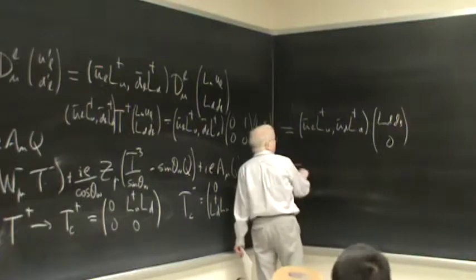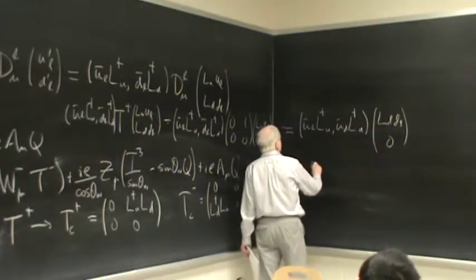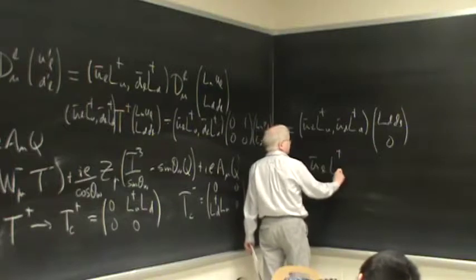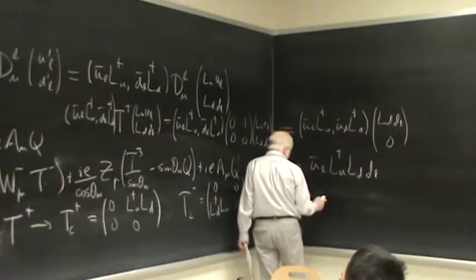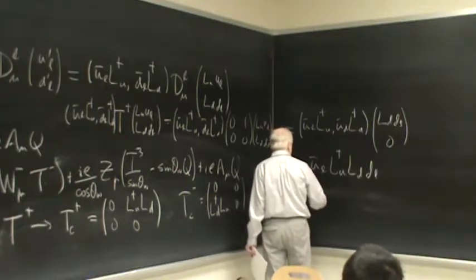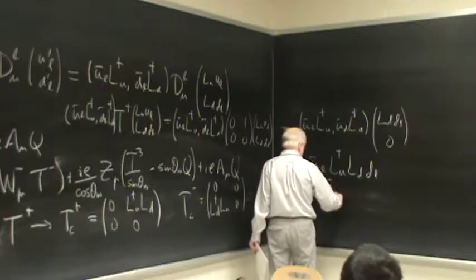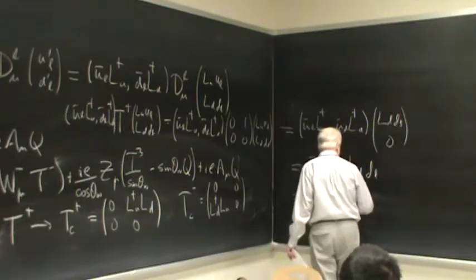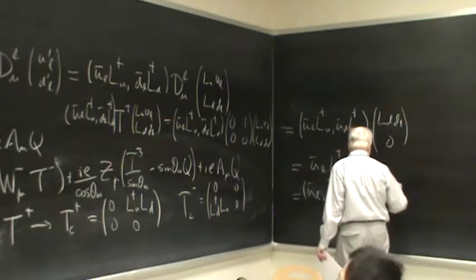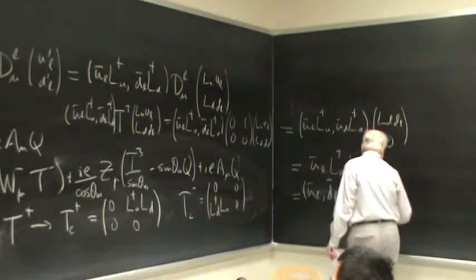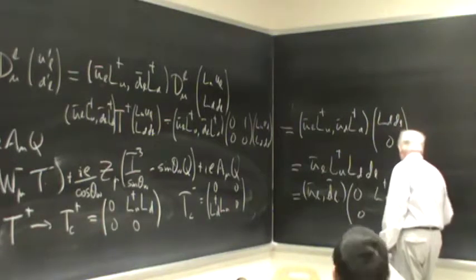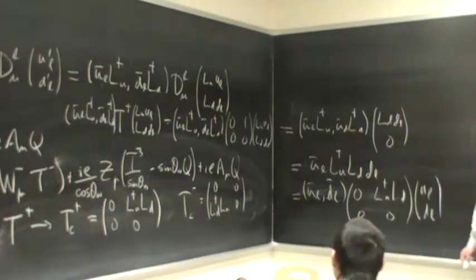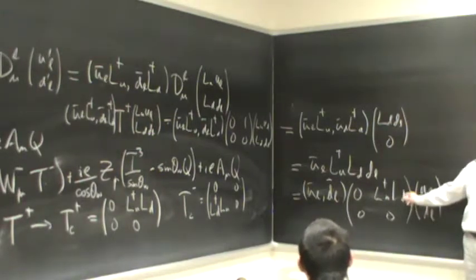And so this then is U bar L, L dagger U, LD, DL, and then we can rewrite that as U bar left, D bar left, times 0, L dagger U, LD, 0, 0, times U left, D left. Okay. So that's why, that's T plus CKM.